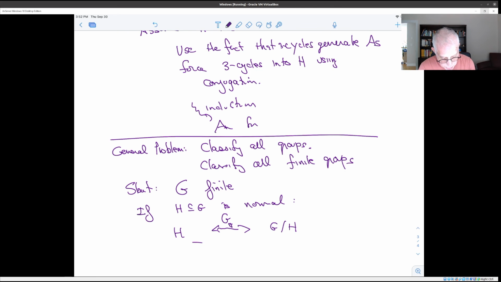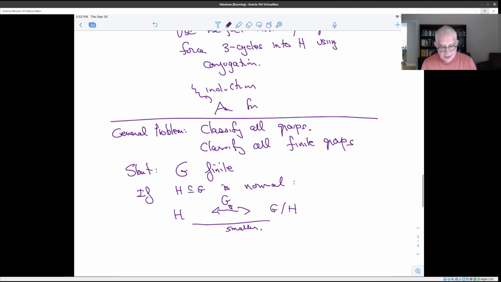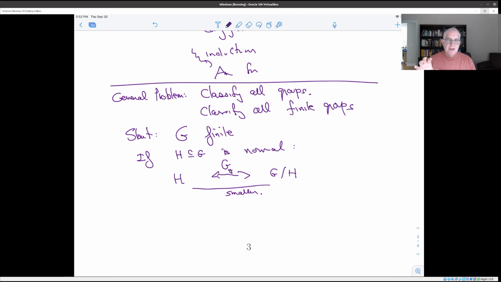These are both smaller. So if you have a group with a normal subgroup, you can understand it by looking at the normal subgroup and the quotient group. But if G is simple, then there's nothing you can do. And you have to understand it as it is.